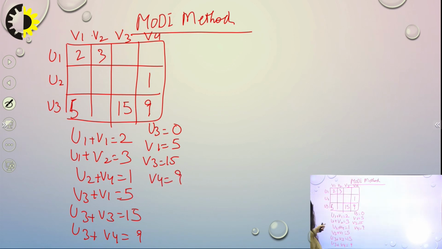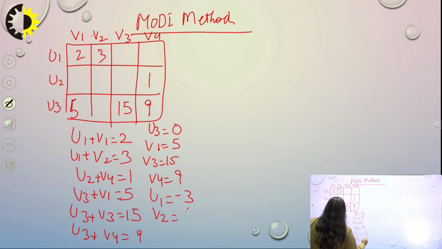Now put these values in: V1 is 5, so U1 comes out to be minus 3, and V2 comes out to be 6. U2 comes out to be, by putting the value of V4 is 9, minus 8.